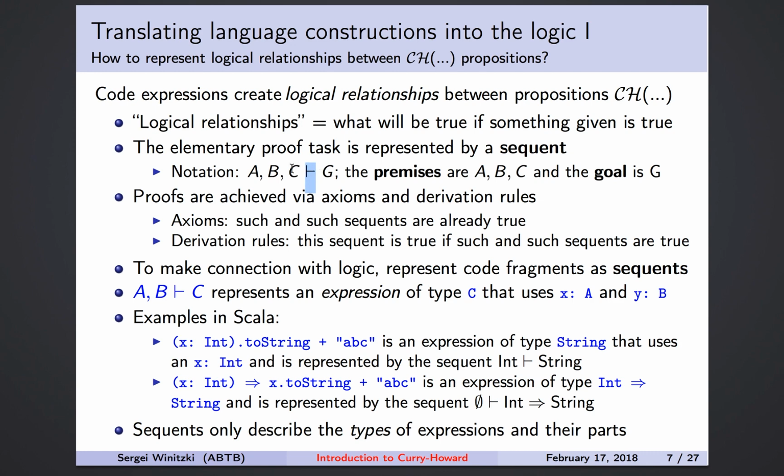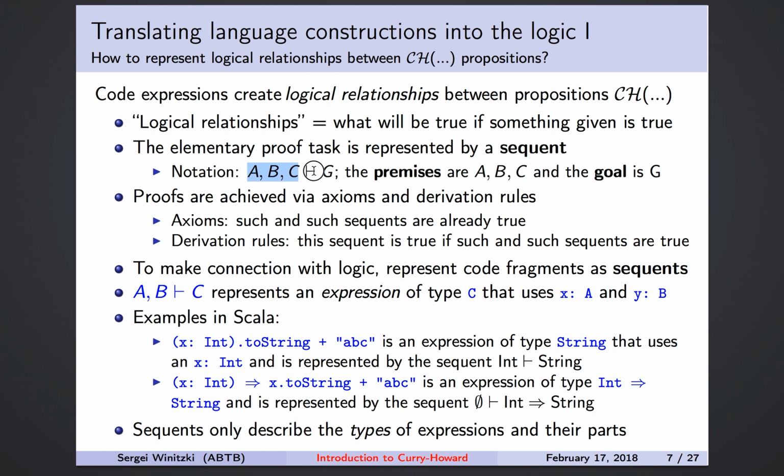To the left of the turnstile are some logical formulas which are the premises. To the right of the turnstile is a logical formula which is the goal. So a sequent in logic represents a proof task, that is the task of proving the formula G, or the proposition G, assuming that these premises are already proved.